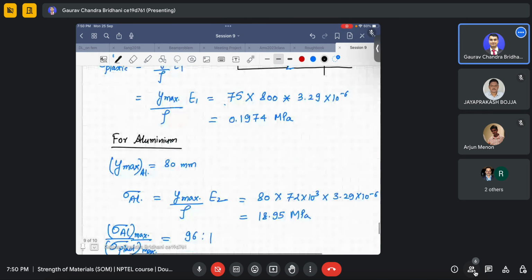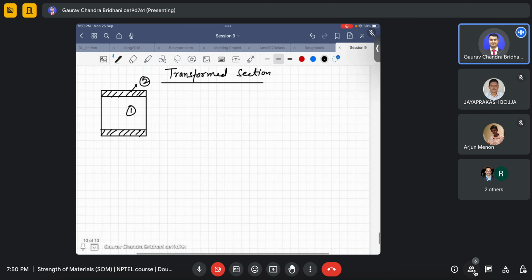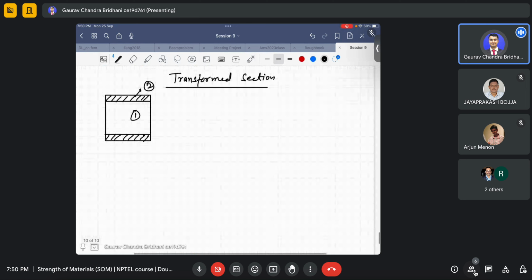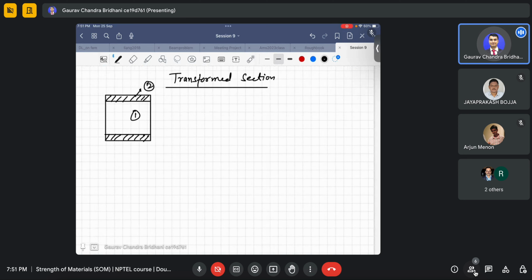Okay. Now, what happens if we want to work with only one material? We do not want to remember E1, E2; we want to stick to one material. Then comes the concept of transformed section.